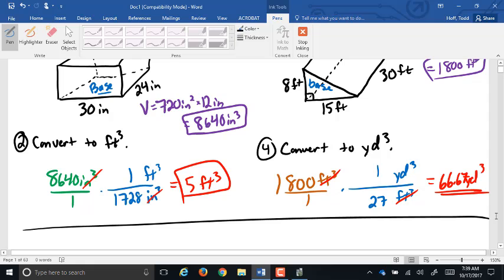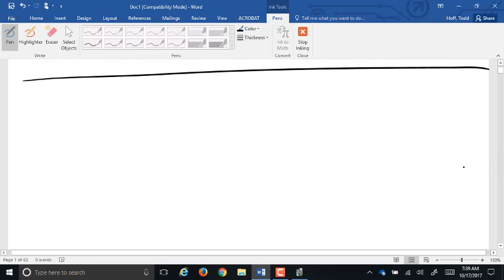So that's our volume. I want to then talk about something called surface area. Surface area for a box.